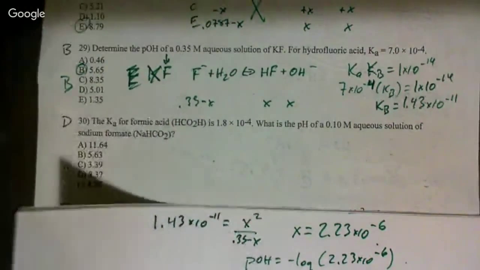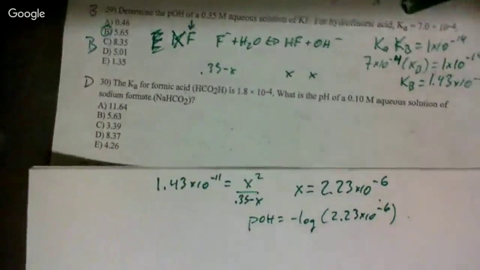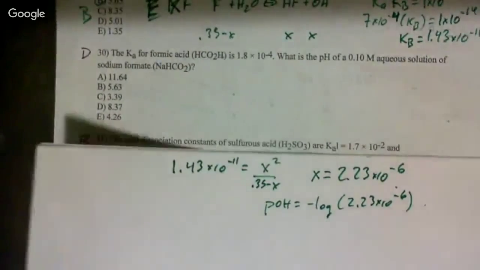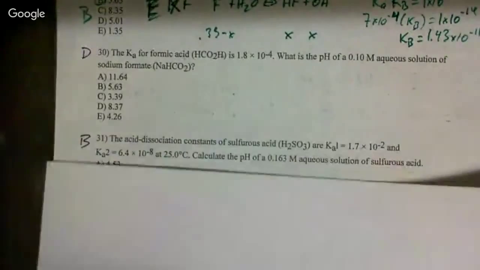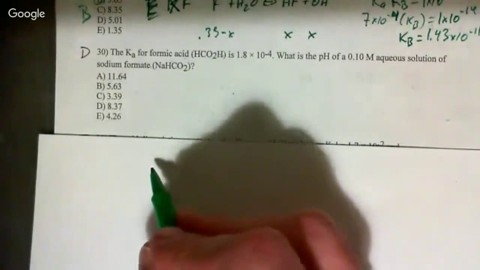We're trying to find the Ka for formic acid. Oh, get straight there, papers. Boom. Ka, formic acid. And we want to find the pH of sodium formate. Sodium will be irrelevant. Lots of relatively strong conjugate bases here.